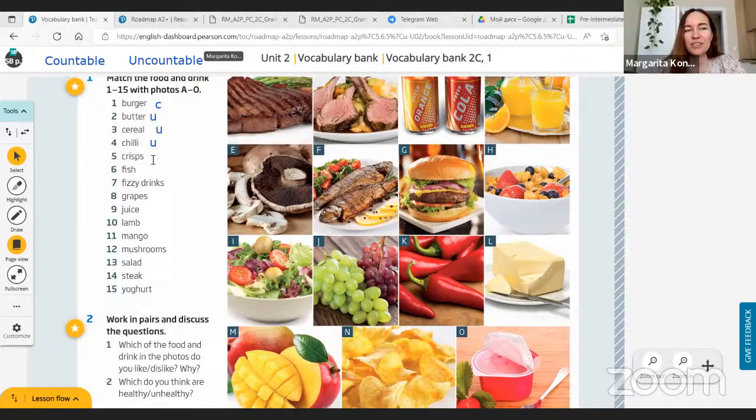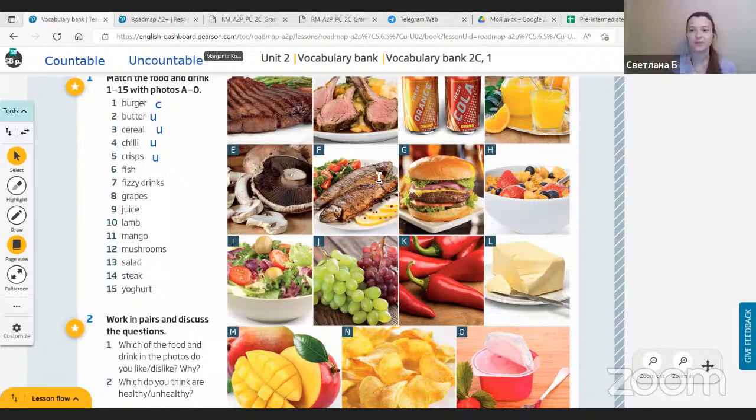Okay. Next. Crisps uncountable. Fish we may say uncountable. Countable. It's interesting. Вот давайте представим себе такую ситуацию. Вы приходите в ресторан и заказываете рыбу. Всегда ли приносят вот такую цельную рыбину?